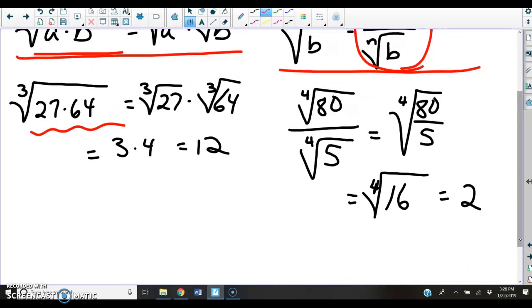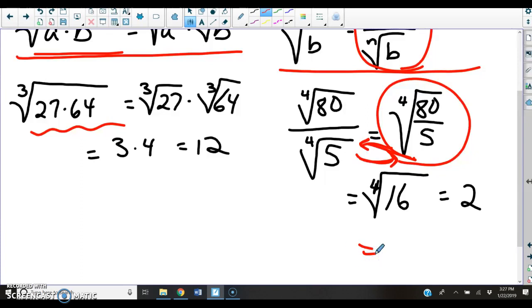Now notice how this one's working backwards. Realize that you could go this way or you could go this way. The original property says, if it's together, you could split it. But notice this one split and I put it back together. Whatever makes it convenient. Well, now you know the 4th root of 16 is 2, because 16 is 4 times 4, and each of those 4s is 2. When it's 4th root, you're looking for 4 of a kind.